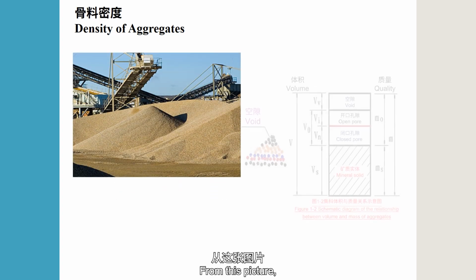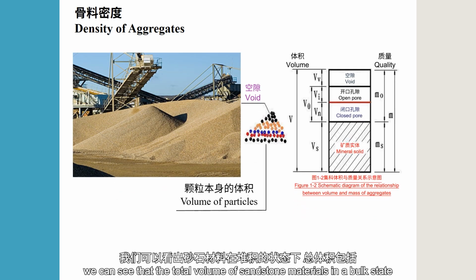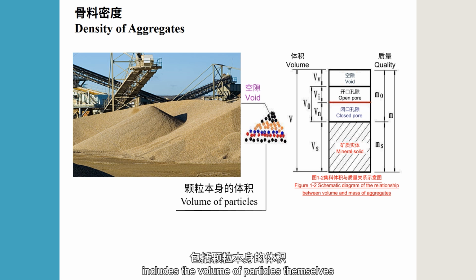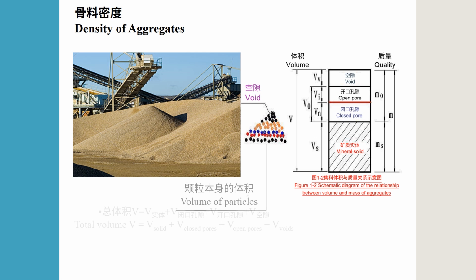From this picture, we can see that the total volume of sandstone materials in a bulk state includes the volume of particles themselves and the volume of voids between particles. The volume of particles includes solid volume, closed pore volume, and open pore volume.